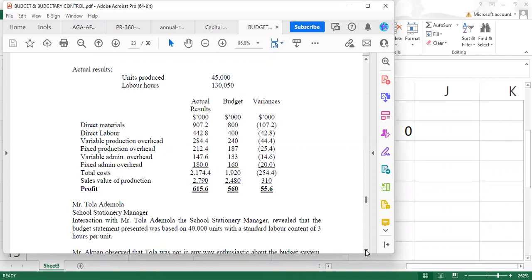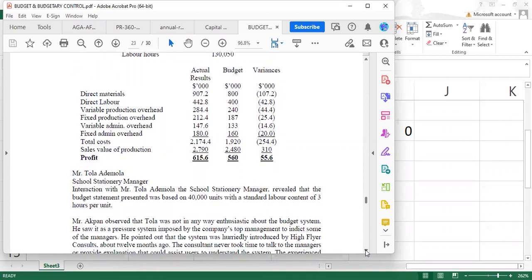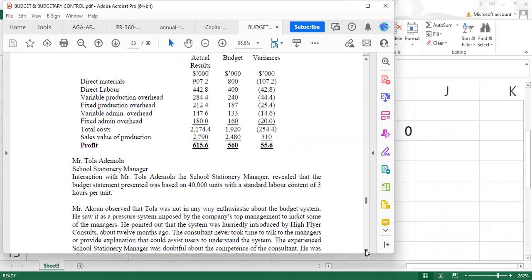Mr. Akpan observed that Tola was not at all enthusiastic about the budget system. He saw it as a pressure system imposed by the company's top management to indict some of the managers. He pointed out that the system was hurriedly introduced by High Flyer Consult about 12 months ago.